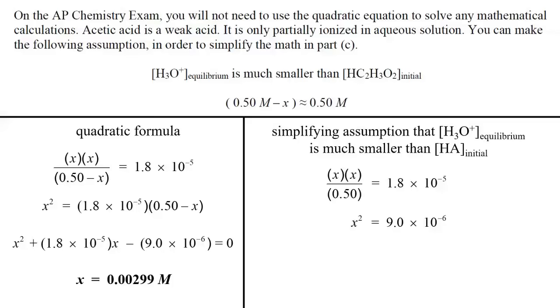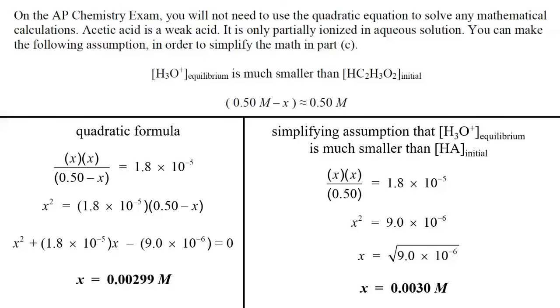All I have to do to solve for X is take the square root of 9.0 times 10 to the negative 6. And when I do that math, I get that X, which is the concentration of the hydronium ion at equilibrium, is 0.0030. Now, compare the answer that I got using the quadratic formula with the answer I got using this simplifying assumption.